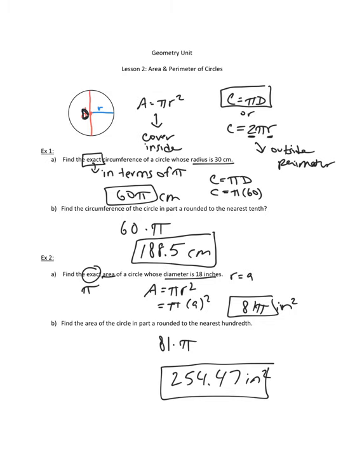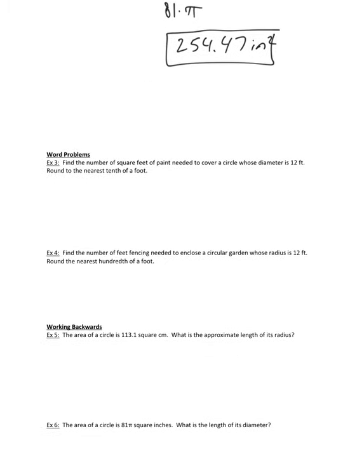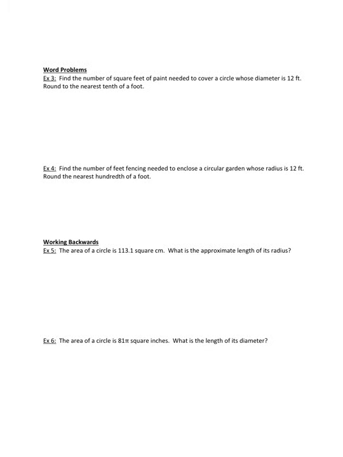Okay, and then in terms of word problems, in example 3, they say find the number of square feet of paint needed to cover a circle whose diameter is 12 feet. So if they're talking about painting, covering a circle, that means they want you to find the area. So you're going to use the A equals pi r squared formula. The diameter is 12. So if the diameter is 12, I need radius.